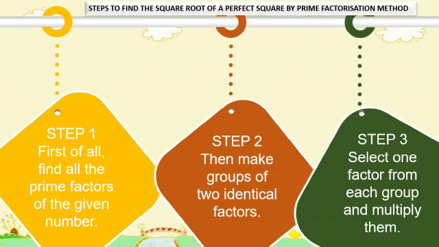Step 3. Select one factor from each group and multiply them. These are the steps we follow to find the square root by prime factorization method. Now let's see some examples.